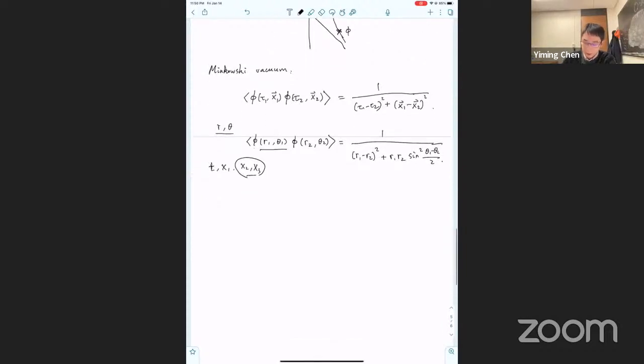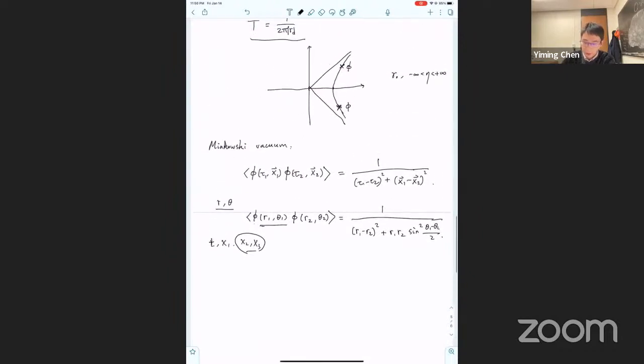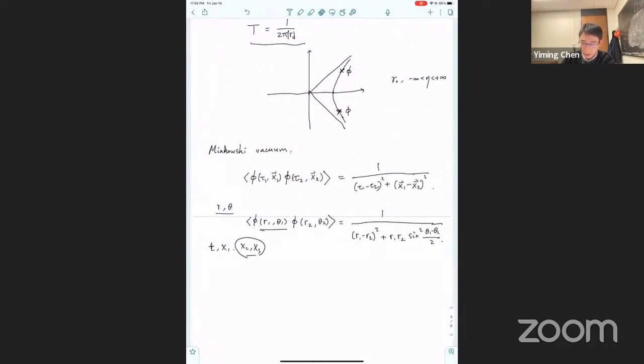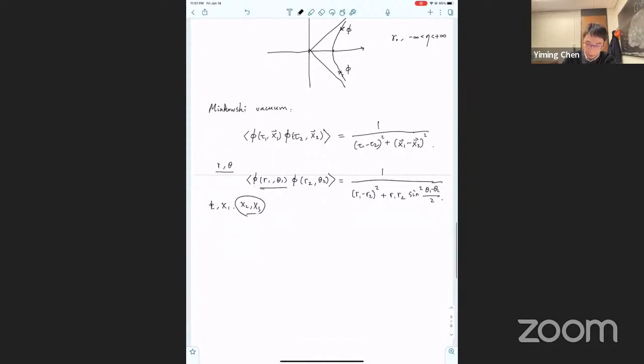Okay, so I just did a change of coordinate, but the reason I want to work in the r and theta coordinate is because the analytic continuation in theta will be particularly simple. The analytic continuation will just suit the Rindler coordinate in the right wedge.